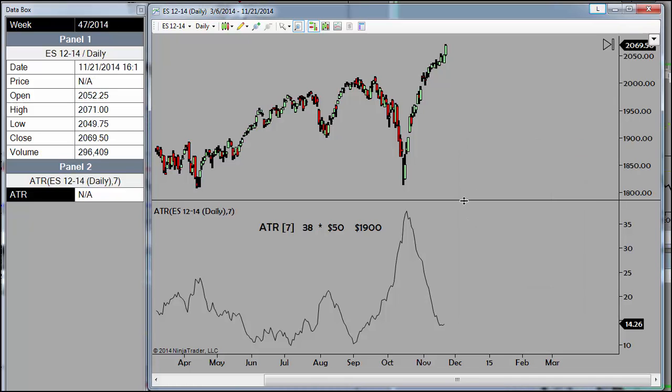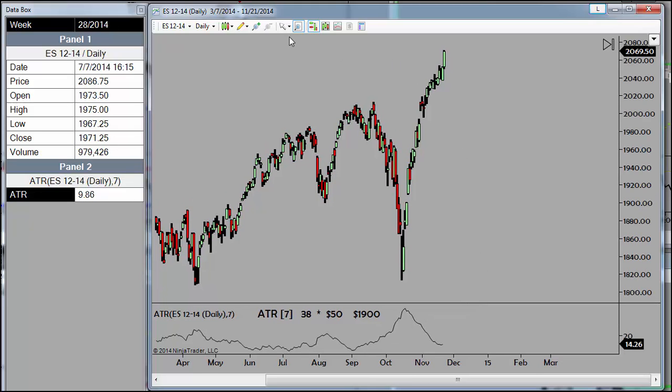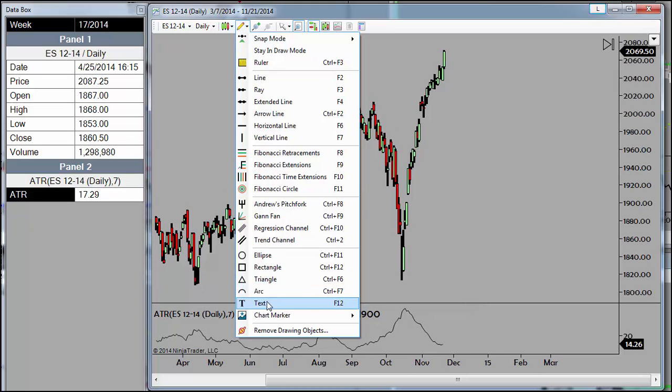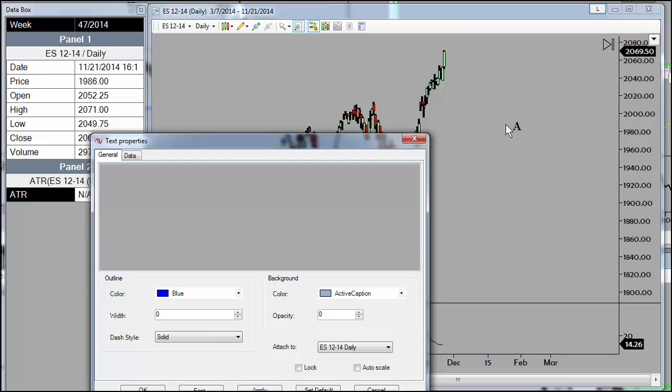So we're going to take that number that we just came up with, and we take the highest high from Globex as we get ready to start the trading session, and we subtract ATR 7 times 120. We just did that, and it was a 17-point number.